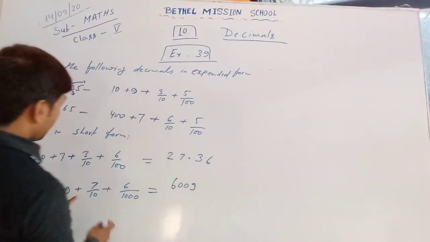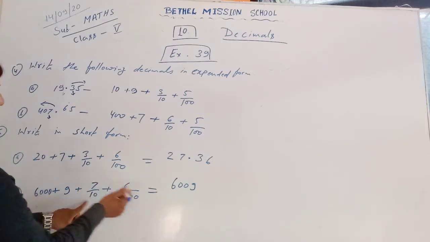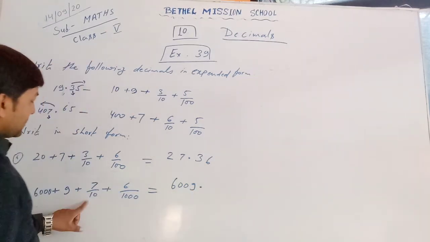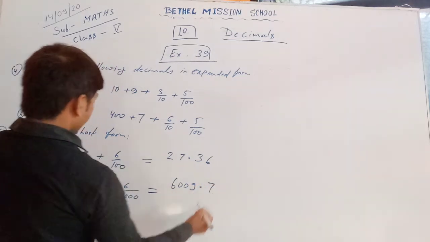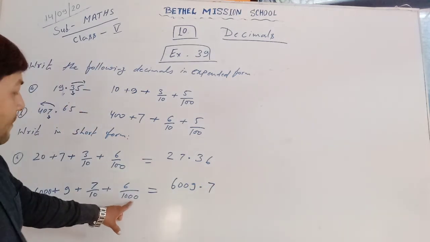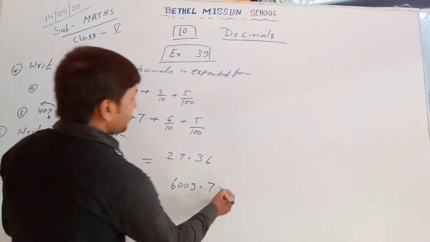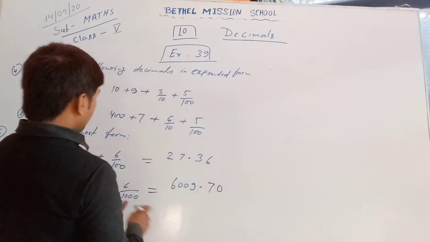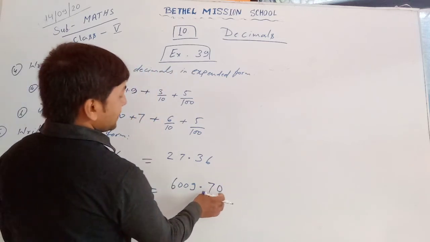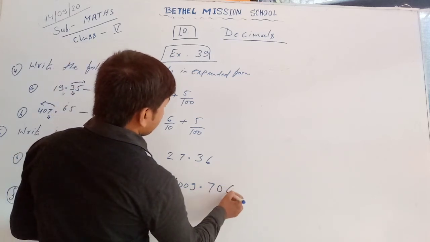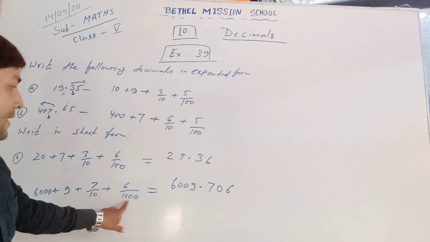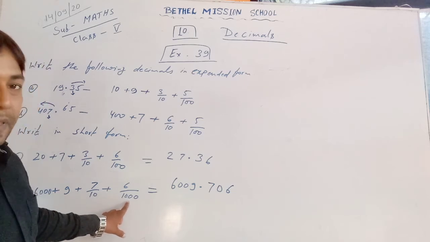Now the same, 6000 plus 9 is 6009, and after the point 7 upon 10. This is a fraction, it becomes the decimal 7. Here it is divided by 1000, so in the hundredths place we write 0 and now 6, since 6 is in the thousandths place.